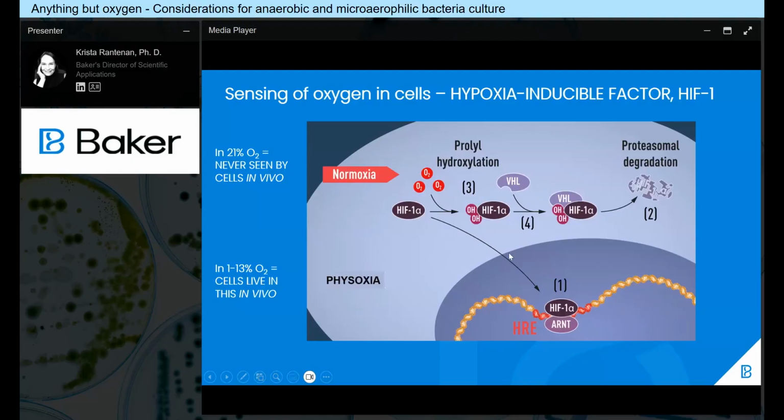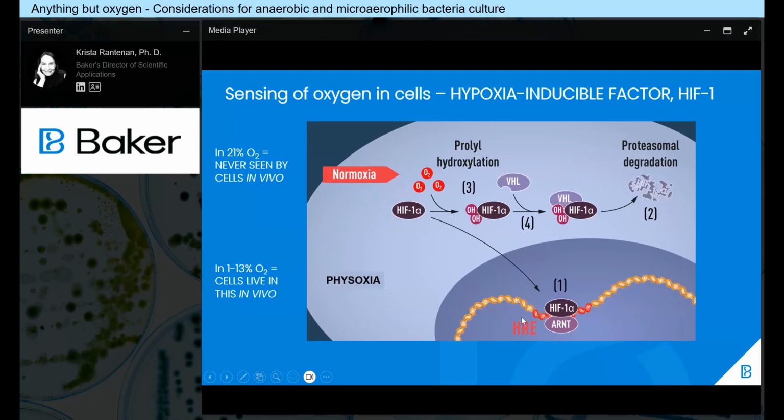Instead, it can now move to the nucleus and find a binding partner. It has a binding partner, ARNT or HIF1 beta, whichever you prefer. And together, this dimer binds to hypoxia responsive elements of a gene and starts the transcription. And this is the regulation.